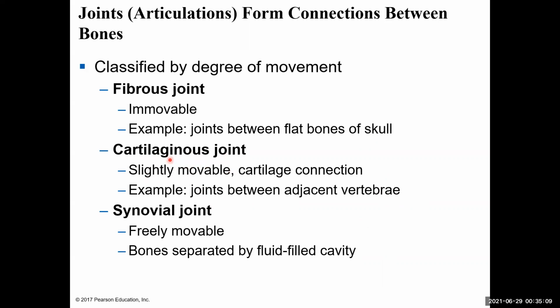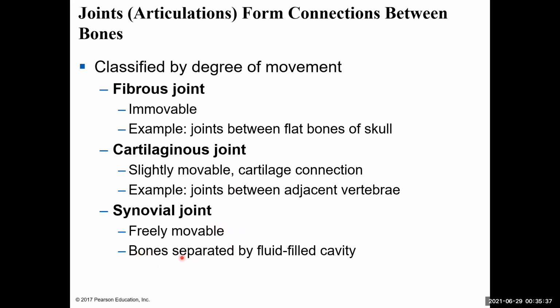The next type of joint is a cartilaginous joint. So this is somewhat movable, has cartilage connections, and an example of that is adjacent vertebrae. And so you know your vertebral column is flexible, it's movable, but it's nowhere near as movable as the joints in your elbows, your knees, your hips, or your shoulders. Okay, those joints are known as synovial joints. They are really freely movable.